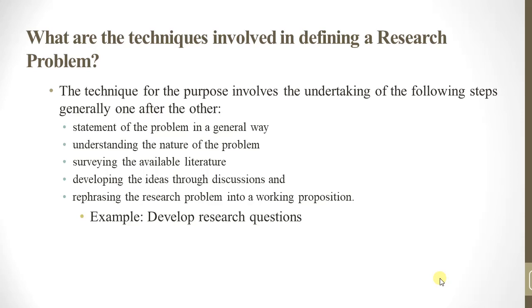What are the techniques involved in defining the research problem? The technique for the purpose involves the undertaking of the following steps, generally one after the other. First, statement of the problem in a general way. Two, understanding the nature of the problem.